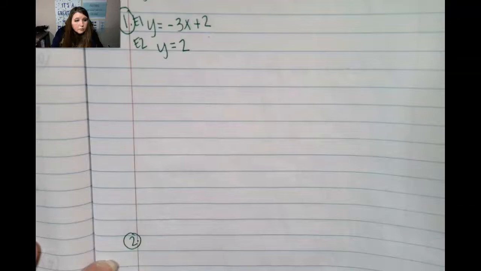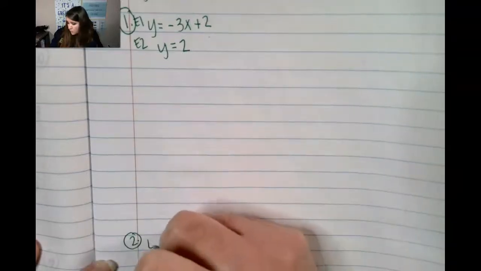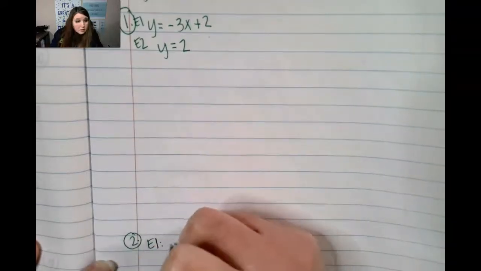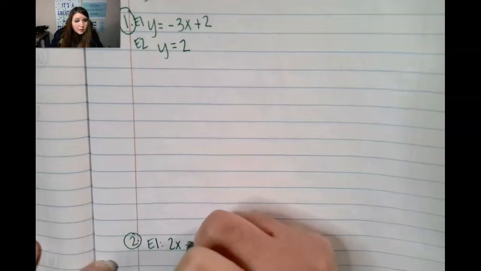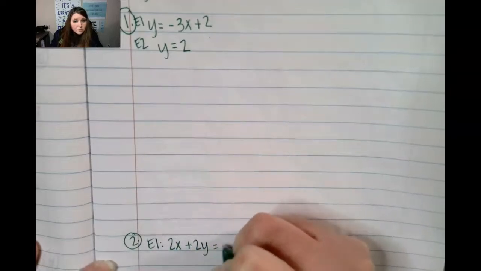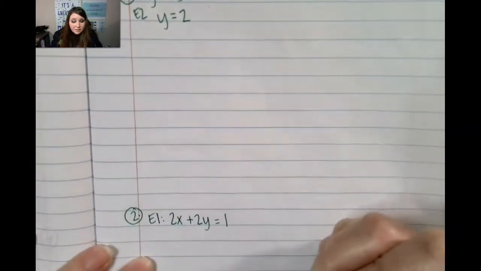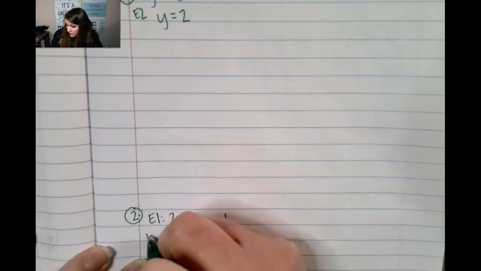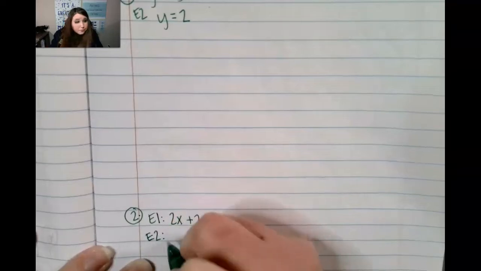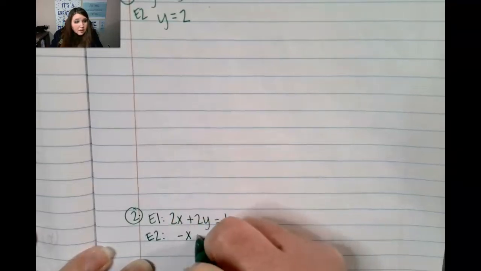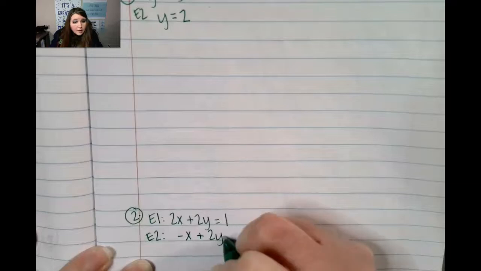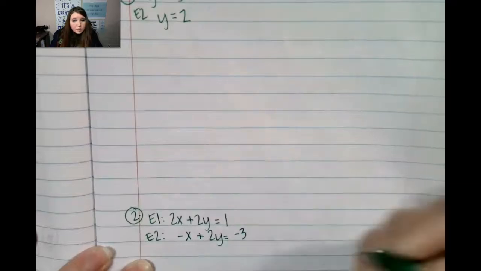All right, I guess we'll do this one. Equation 1 is 2x plus 2y equals 1. I know it's really long, I'm sorry. And equation 2, negative x plus 2y equals negative 3.